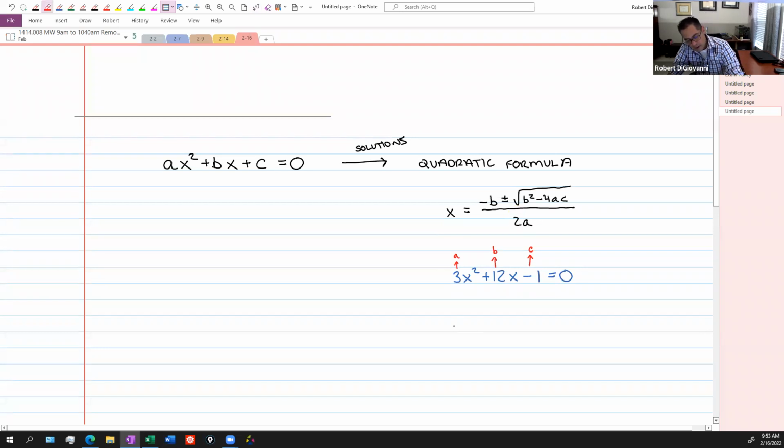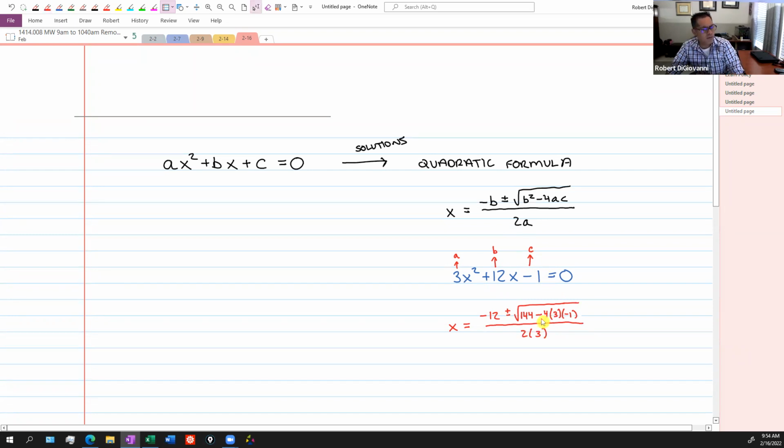Let's try it. If I use the formula, I get x equals negative b. Well, b for us is 12, so negative b would be the opposite of that, which is negative 12, plus or minus the square root. And now I have b squared, that's 12 squared, it's 144, minus 4 times a, which is 3, so 4 times 3, times c, which is negative 1, and then all divided by 2 times a, but a was 3.